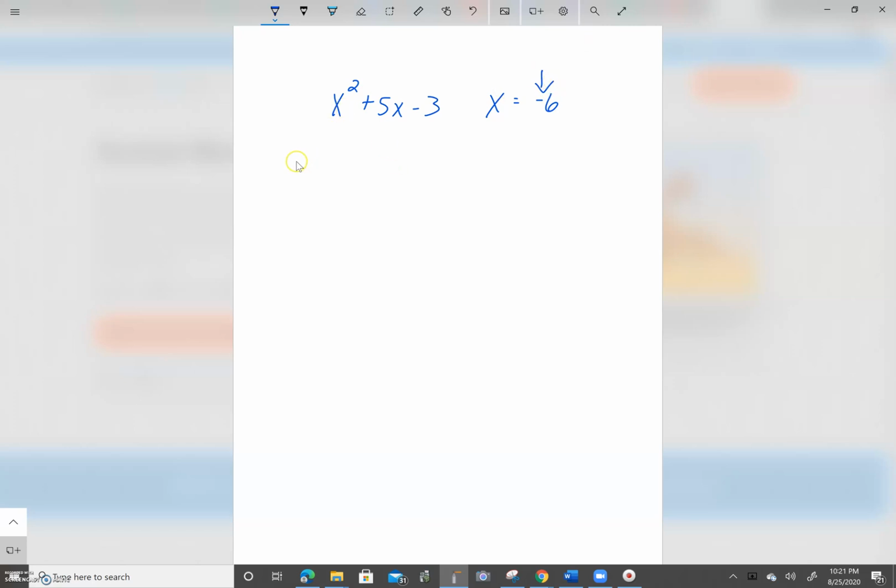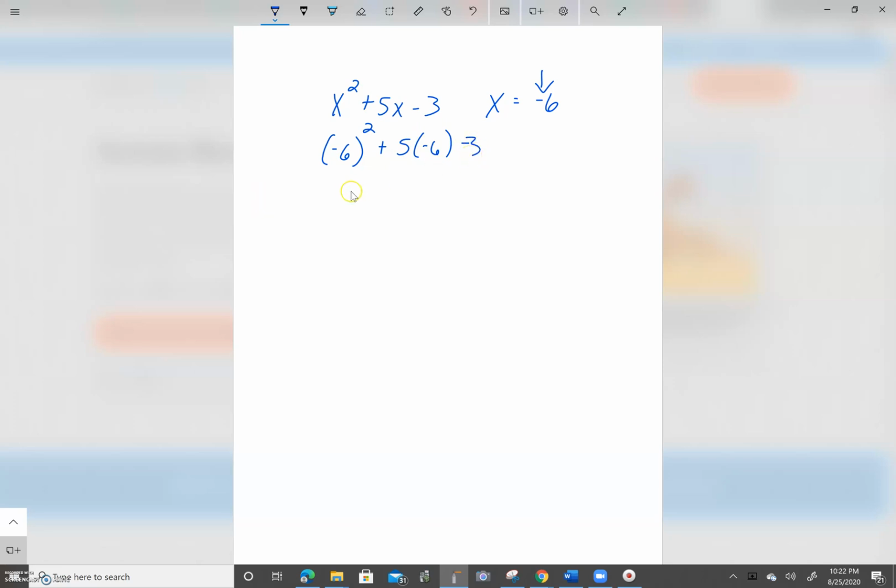That's what they're banking on to confuse us. So everywhere I see an x, I'm going to substitute in that negative 6. And here especially, when we square it, we're going to need to make sure we have those parentheses, times 5 times negative 6 minus 3.